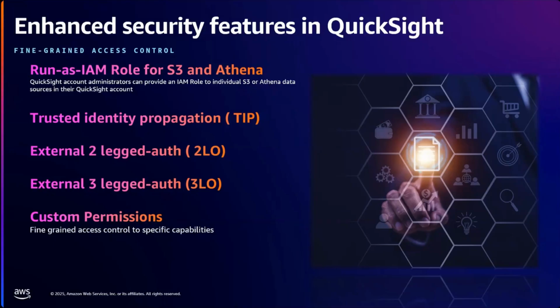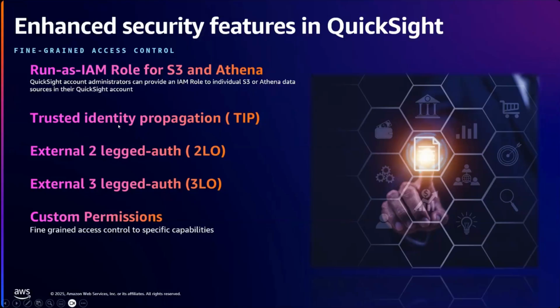If there is such a need, or even if you have data catalogs created with those kinds of data boundaries, you can use a run-as IAM role to access the data, set those boundaries, and have data governance with more fine-grained access control. So the run-as IAM role is also important as we set it up.